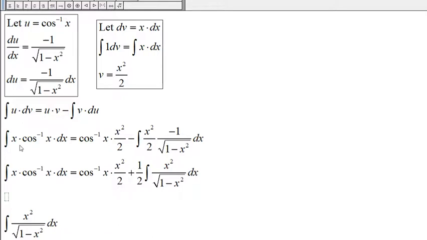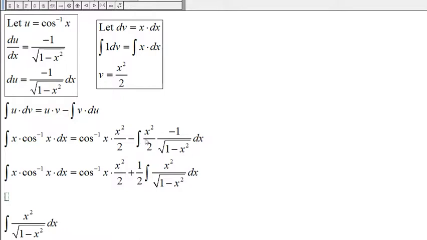And so we get the integral of x cosine inverse of x will be u times v. This is u, this is v. So it's cosine inverse of x times x squared divided by 2.